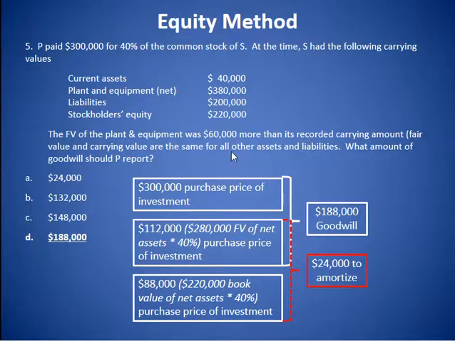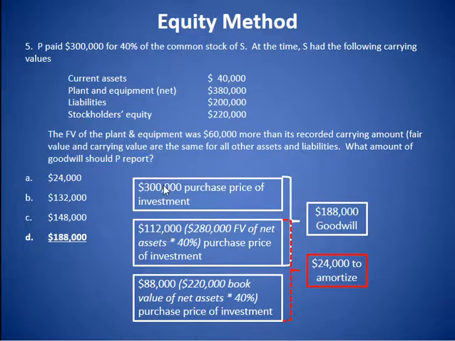So the total is actually $280,000 fair value of the net assets that we've acquired 40% of. So it's going to be $280,000 times our 40% interest, which means basically we're purchasing $112,000 of the fair value of the net assets of S Corporation.